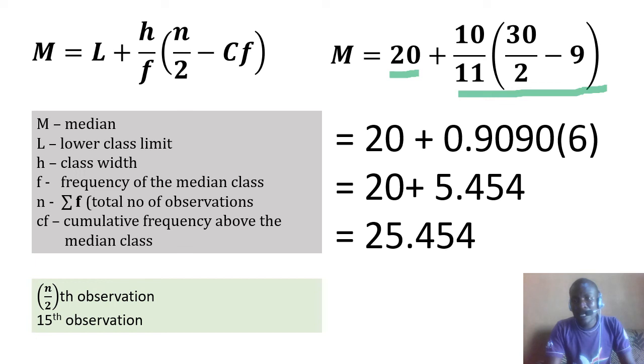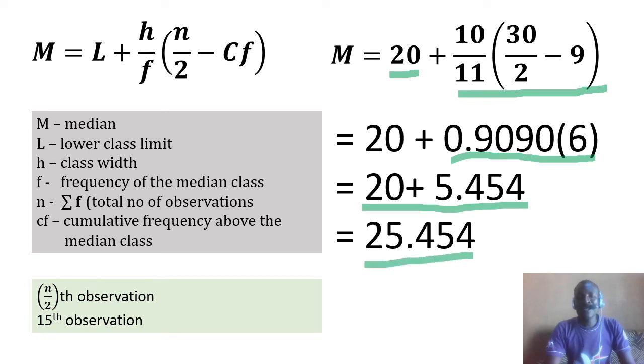Let's press all of it, and your answer should be 0.9090 when you multiply by 6. That will give us our value. Now if you do your addition and use your calculator well, your median in this case is going to be 25.454.